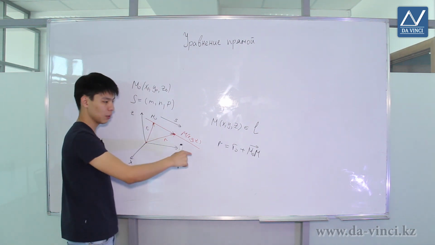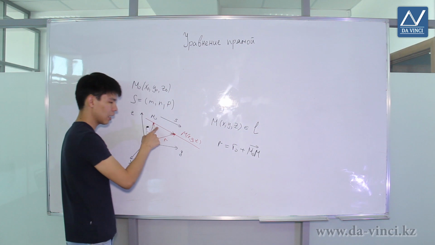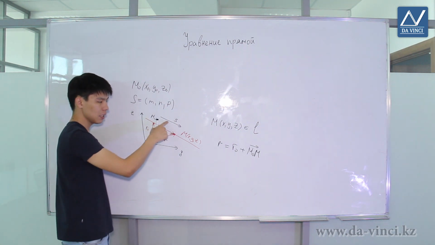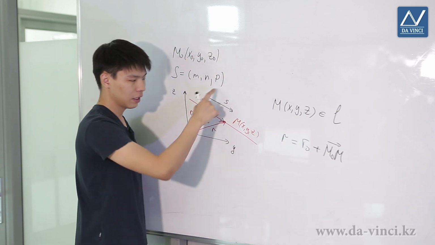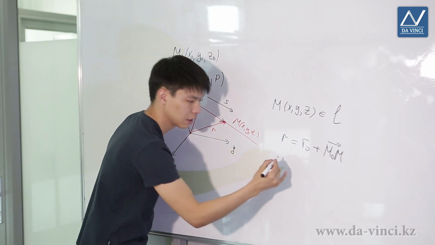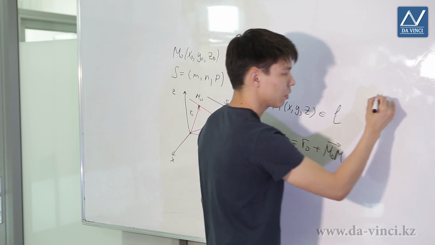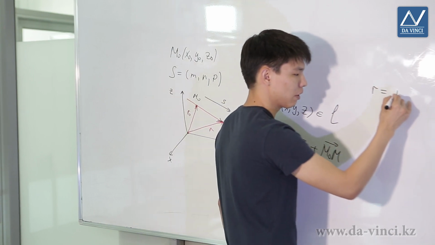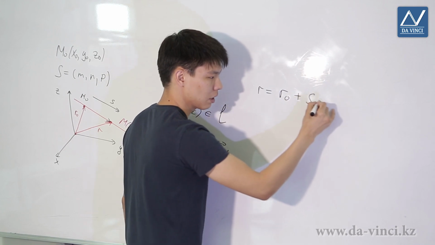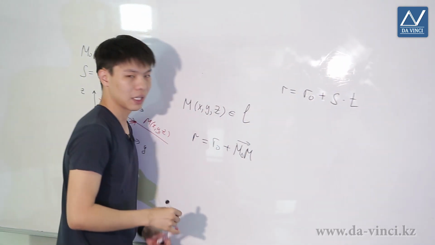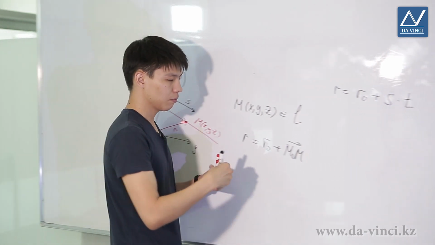Since the vector M0M is collinear with the vector S, they are parallel, so it can be expressed as vector S multiplied by some parameter. So we can write the equation of the line in the following form: R is equal to R0 plus vector S multiplied by some parameter t.